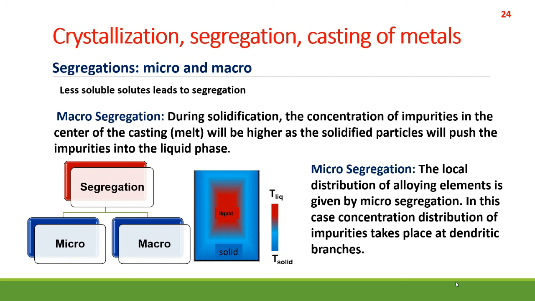Whatever amount of solute is left within the system will be distributed locally, and we call it micro segregation. In this case, the concentration distribution of impurities will take place at dendritic branches, as it is pushed from the center towards the arms of the dendrites. A lot of the time it happens at the grain boundaries, which is a very preferable position for micro segregation.